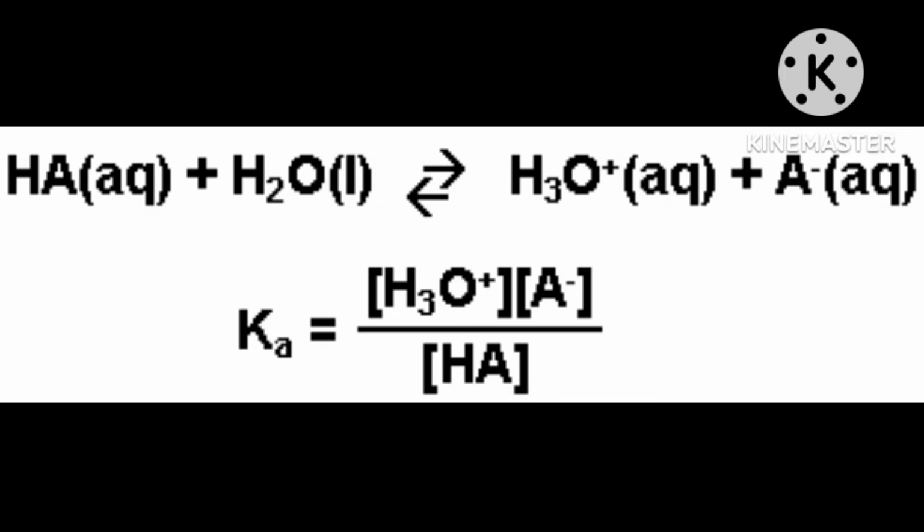Then there will be equilibrium between unionized water and ionized water. Suppose you have taken 100 moles of water. Then only 1 or 2 moles are dissociating. The rest, the majority of water, is not dissociating. That is called unionized. Always there will be equilibrium.